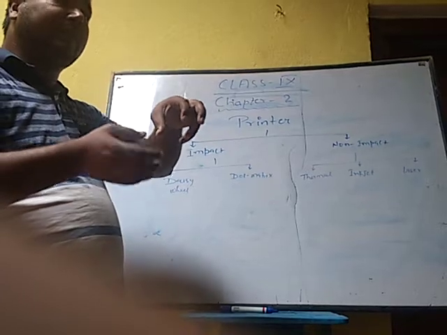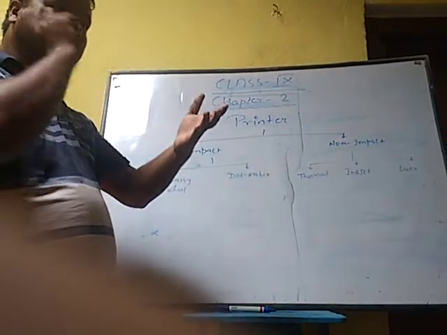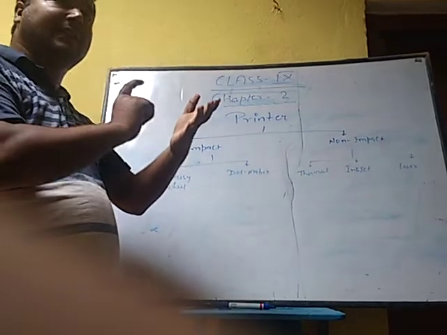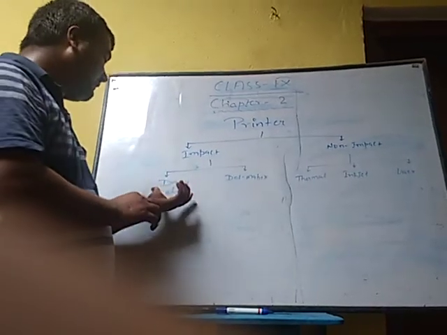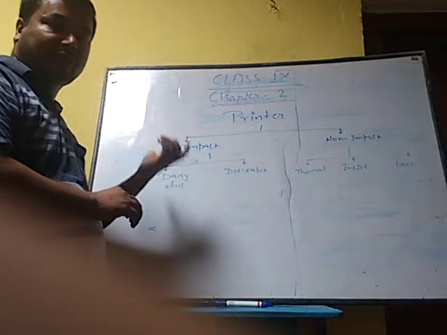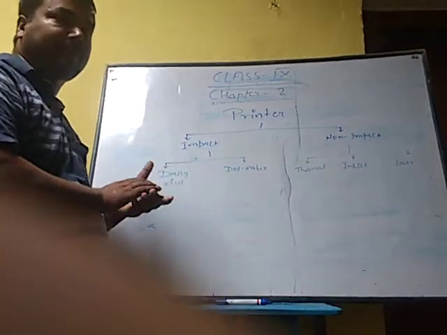When we press a key on the typewriter machine, it strikes against the colored, inked ribbon, and that ribbon strikes the paper and forms the character. This is the main function of the adhesive printer. That means we can also say that our typewriter machine is a type of adhesive printer.